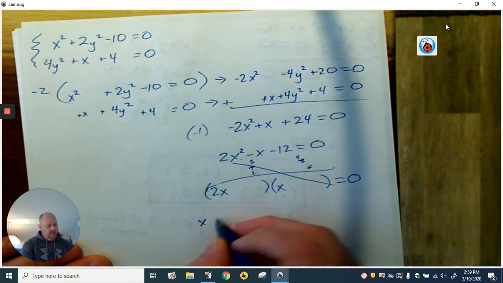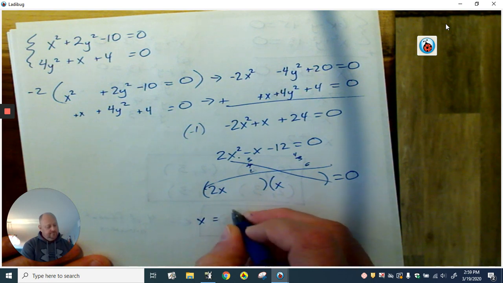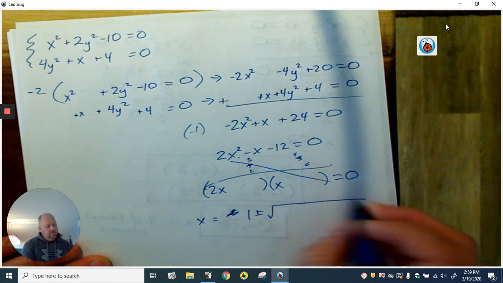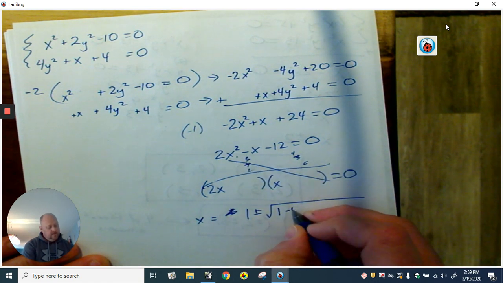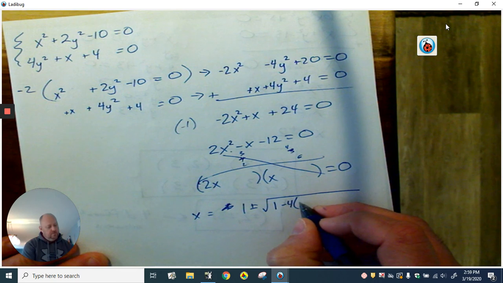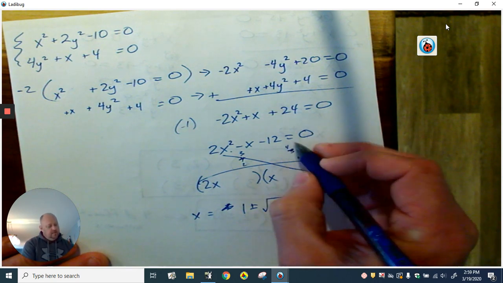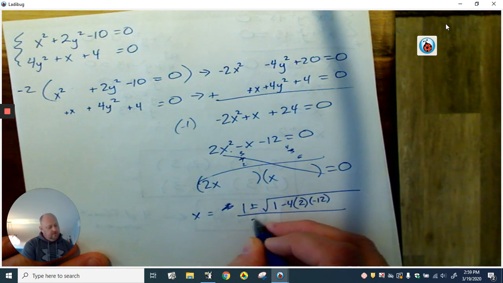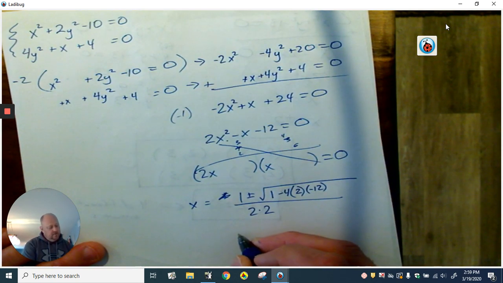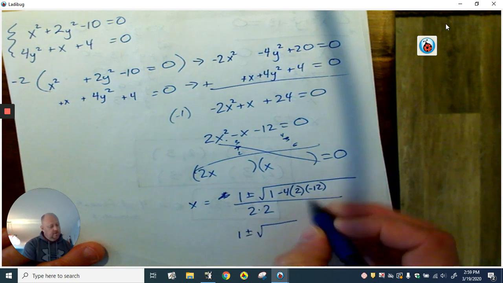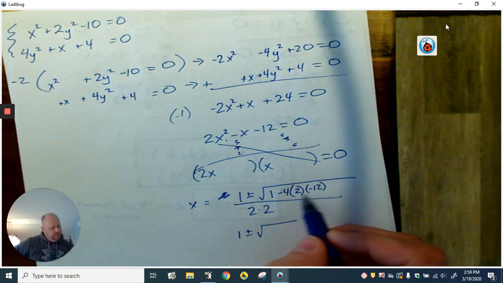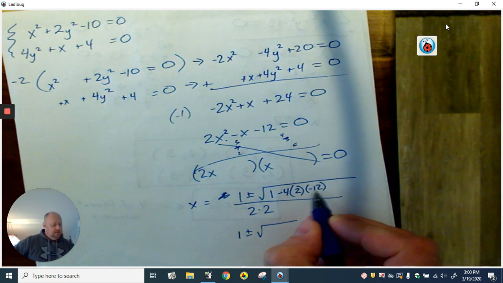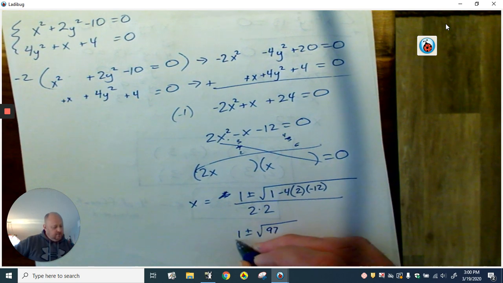So negative b, which would be positive 1, plus and minus the square root of b squared, which would be 1, minus 4a, which would be 2, c, which would be negative 12, all over 2a, which gives me 1 plus and minus the square root of 8 times 12 is 96, plus 1 is 97, over 4.